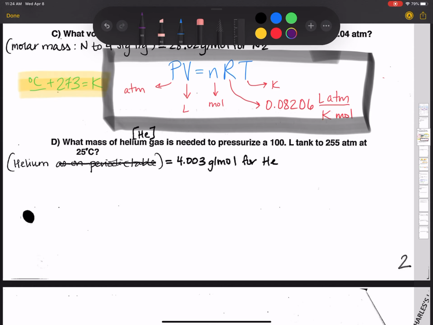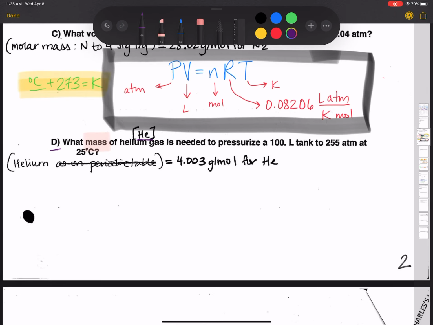So question D says, what mass of helium gas, so I know I'm going to be looking for mass. What mass of helium gas, and there's just a reminder there for you that helium is on the periodic table. It's the symbol uppercase H, lowercase e.